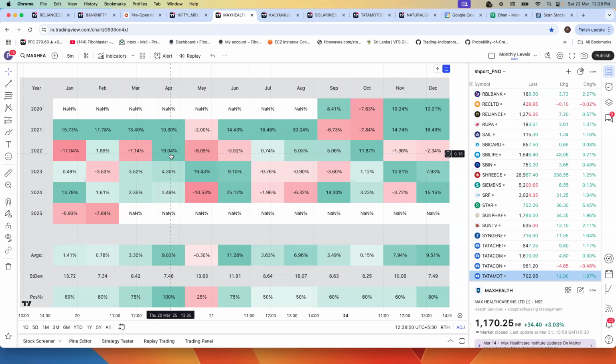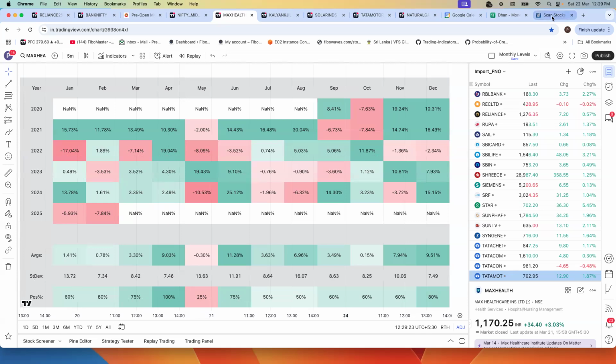Always look out for the insurance sector, like GIC, HDFC Life and others, in March, and then April it will continue. People will be buying for the next year, and that's where good numbers come in for April. It's always positive for April, so you should have Max Health in your kitty.